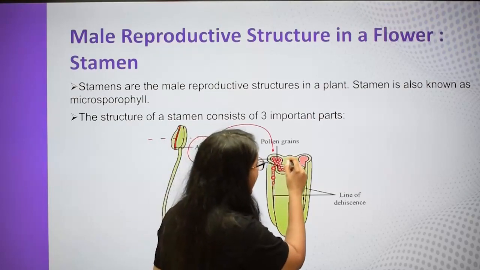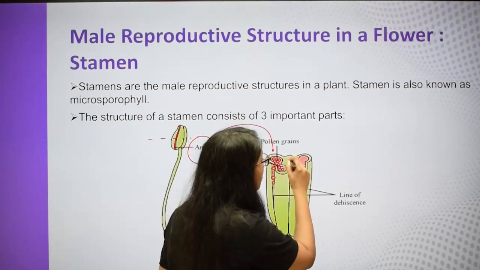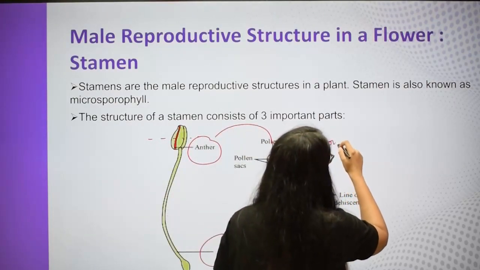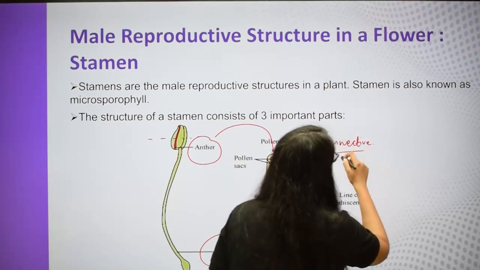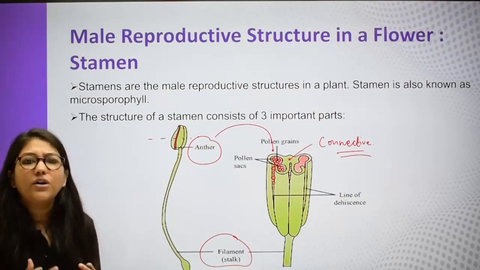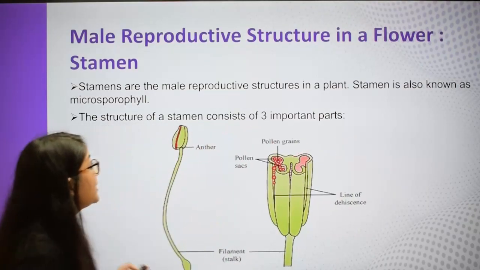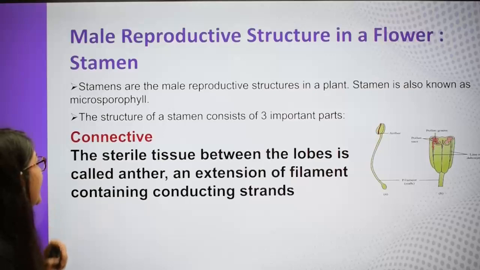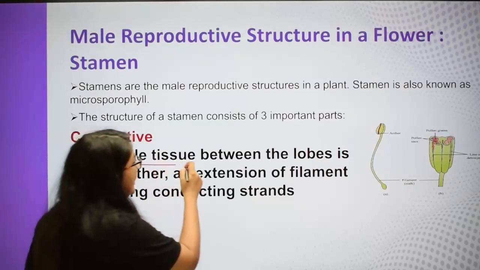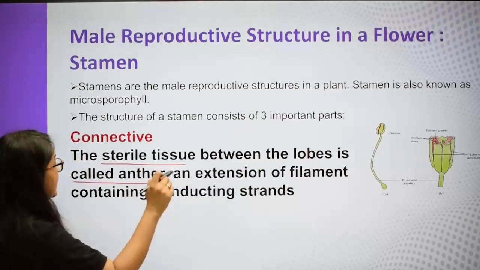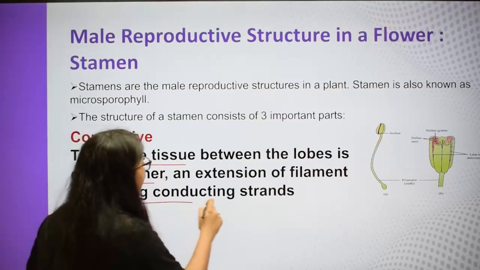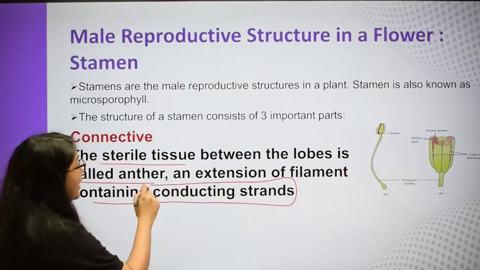Then here, one more structure is present which is called connective. Connective is nothing but a strand of sterile tissue. Inside it we will find vascular bundles. Look, what is connective? It is a sterile tissue between the lobes of the anther and an extension of the filament containing the conducting strands, right?